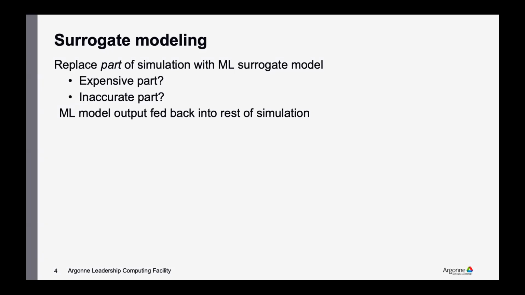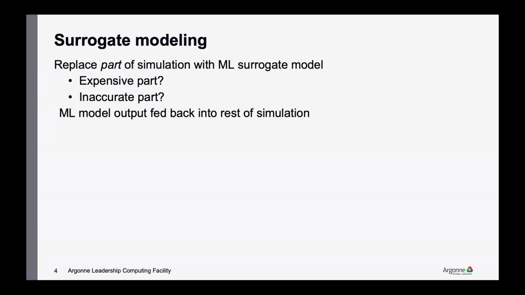And one example we're involved in with collaborators is a simulation for an automotive engine, and we're replacing just an expensive part with the machine learning model, and the output of the machine learning model needs to go into the rest of the simulation. And so we would want to directly couple the trained ML model with the simulation.